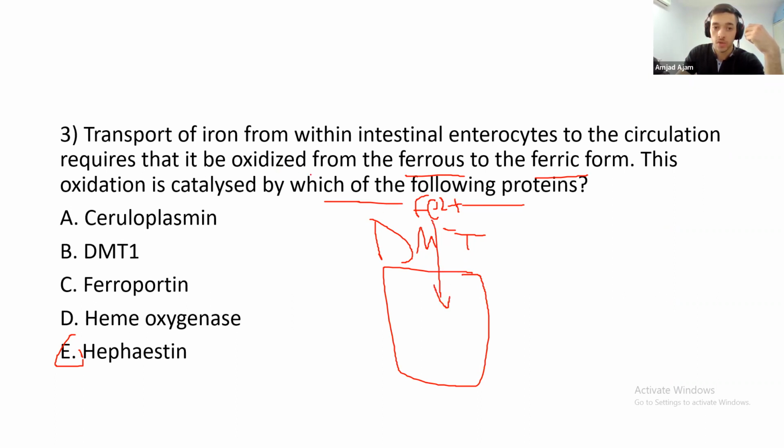However, it will not oxidize it from the ferrous to the ferric form. Now, if you remember the image, hepcidin is here, right? It will oxidize Fe2+ into Fe3+. Why? So that Fe3+ can bind to transferrin, because transferrin can only bind Fe3+.